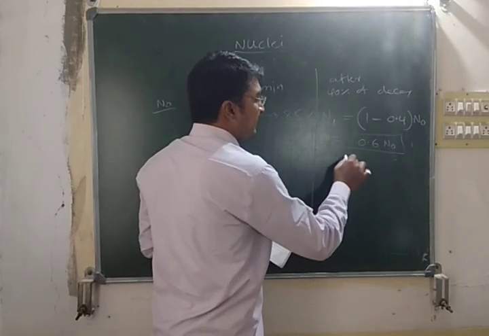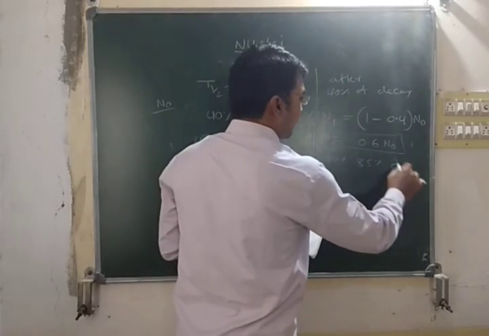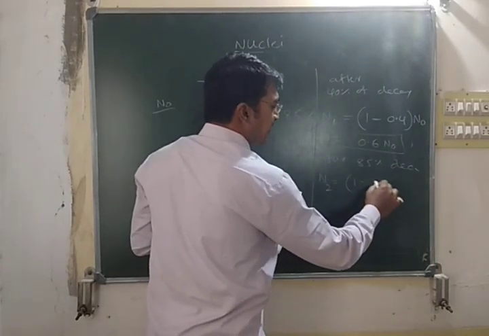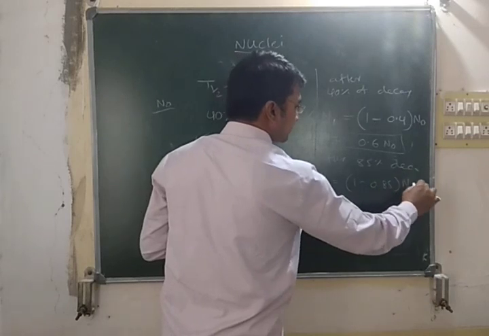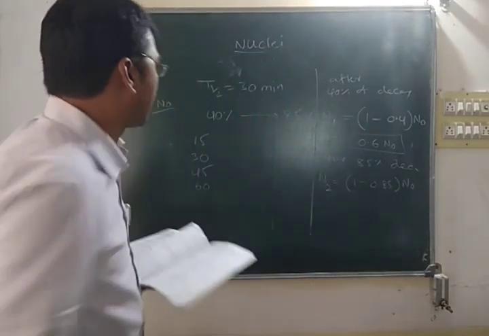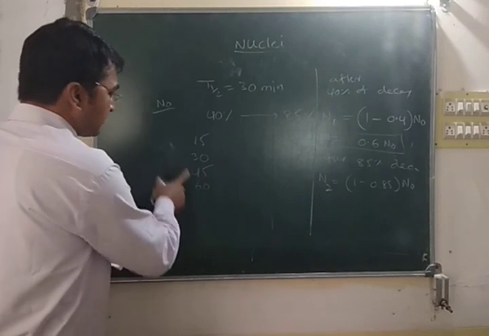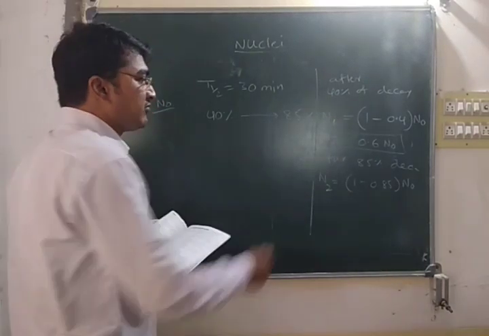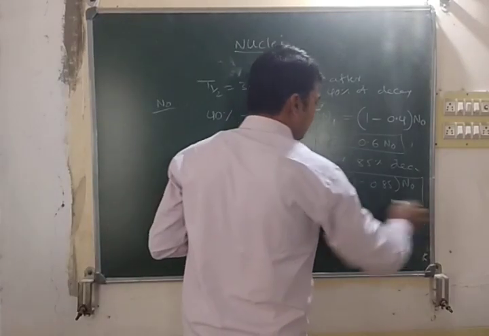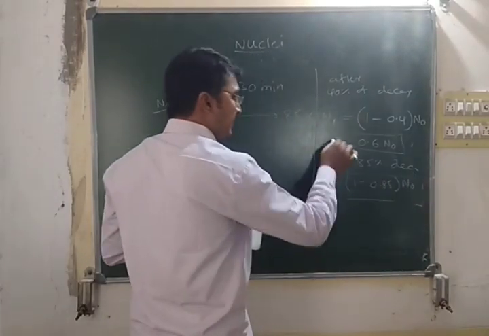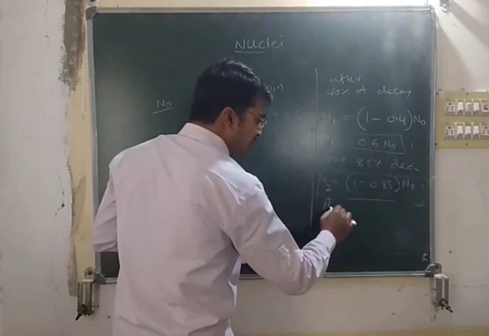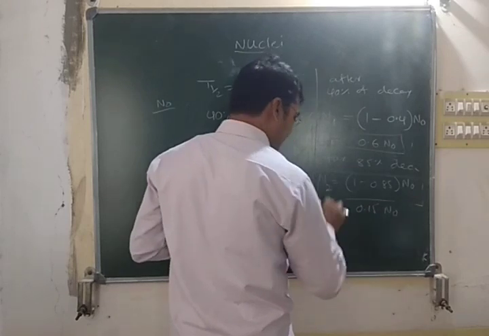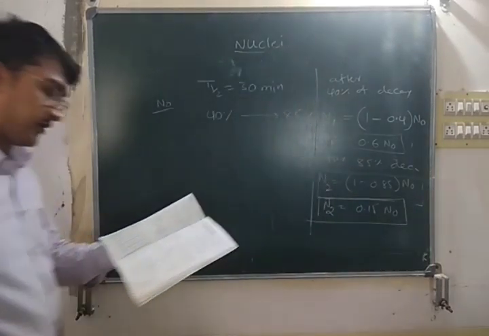After 85% decay, the remaining number of nuclei is N2, which equals 1 minus 0.85 into N naught, that is 0.15 N naught. So N1 is 0.6 N naught and N2 is 0.15 N naught. We got the N1 and N2 values.